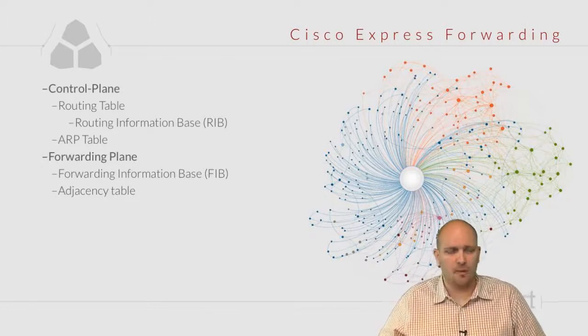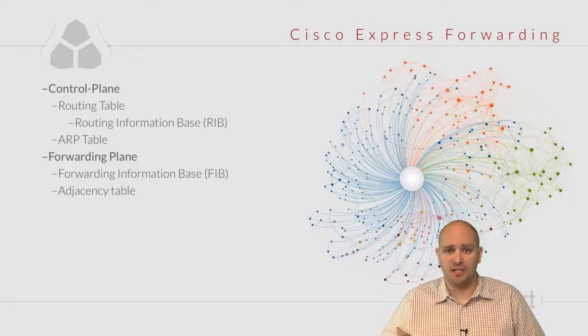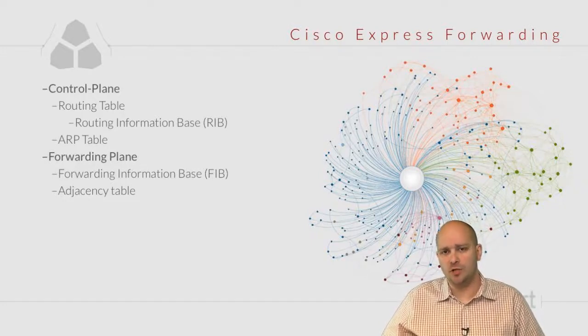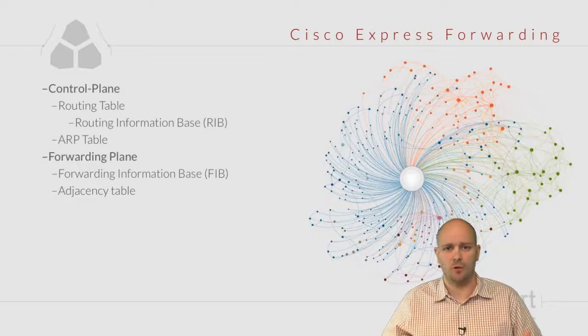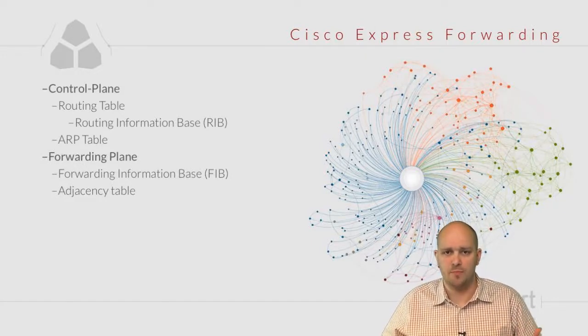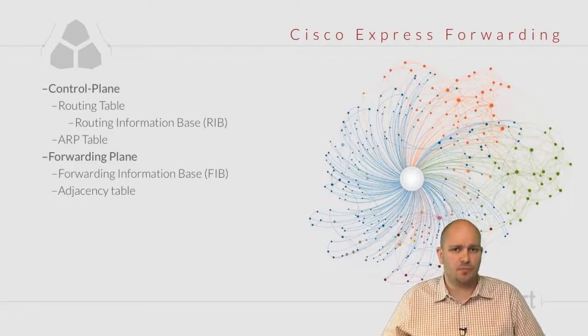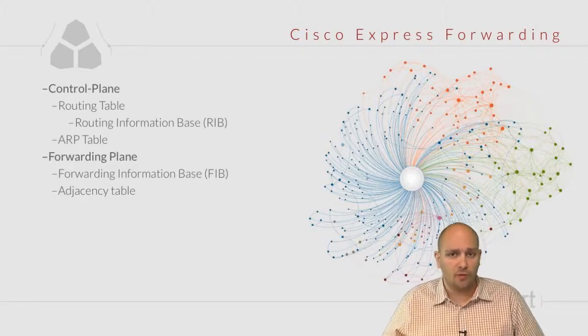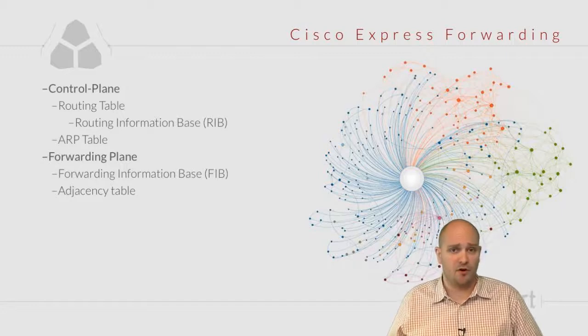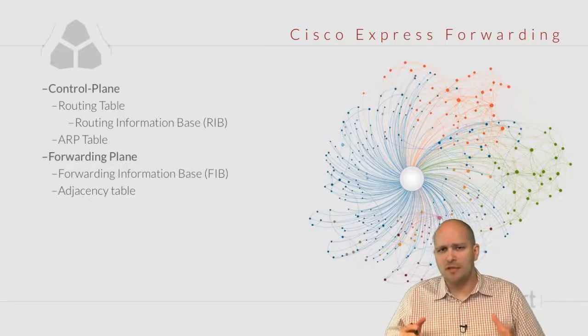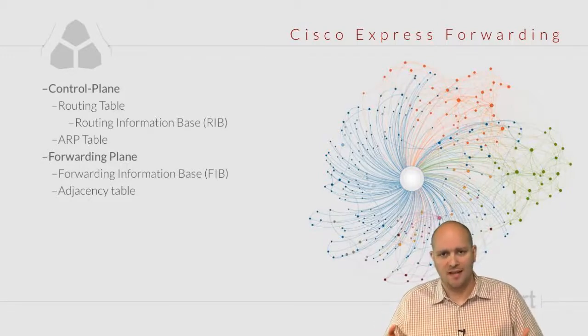Now, if you're unfamiliar with these terms, better start getting familiar with them, because when you start exploring concepts like, for example, multi-protocol label switching, MPLS, or any modern advanced networking technology, this separation of control and forwarding functions becomes very, very important. So let me try to explain what that is.